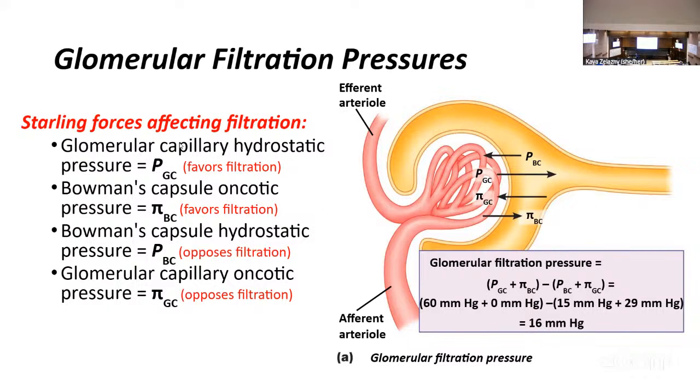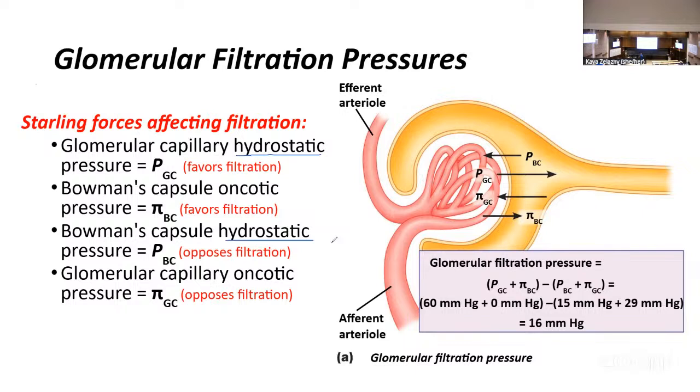Okay. So like when we were talking about our net filtration pressure, we got 4 of them, right? We have 2 hydrostatic pressures, which we think of as push. A hydrostatic pressure is a push. And our oncotic pressures, the force exerted by proteins, are a pull. So hydrostatic pressures push fluid, oncotic pressures pull fluid.